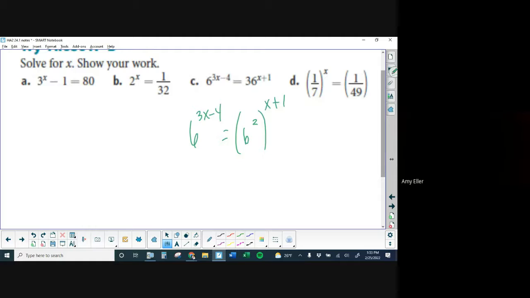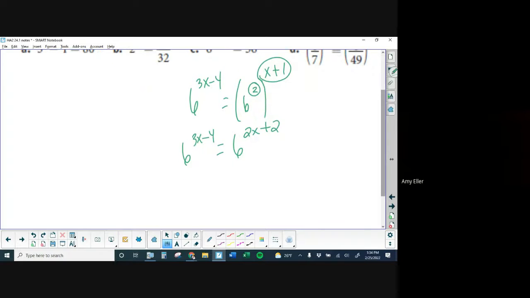But if you have a power, an exponent, to another exponent, go ahead and multiply those. If you dropped the bases at that point, I'd be okay with that because they are the same. You just want the exponents the same. So it's 2x plus 2. And now the bases are the same.